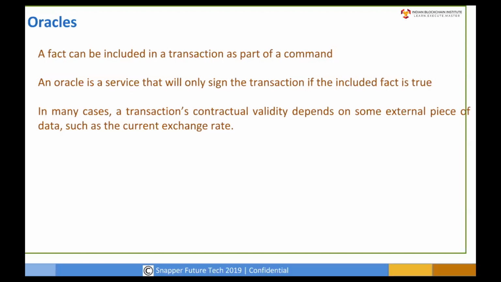So it is taking some external piece of information out of the network, like information about the weather or climate. It could be taken from a sensor and fed into this Oracle node. So it is taking some information from outside the network, from an external party.